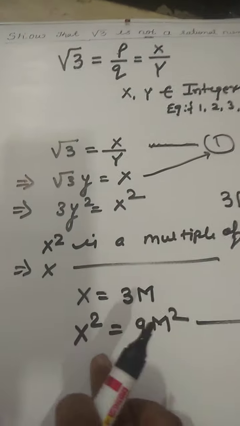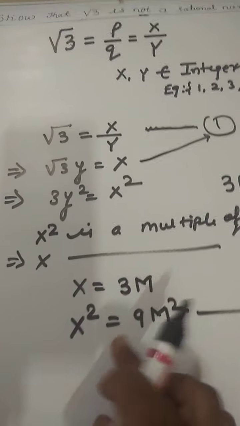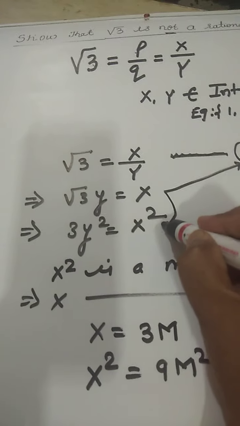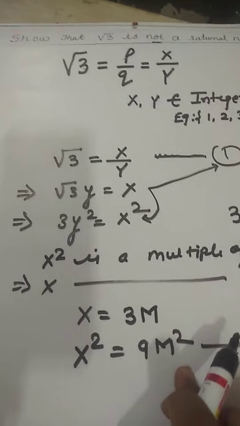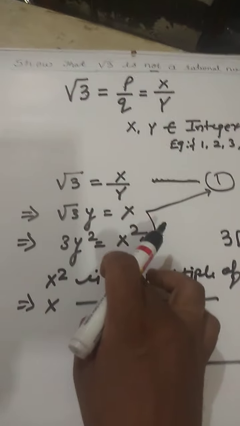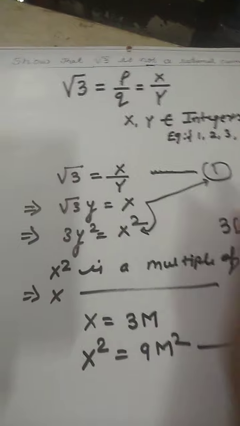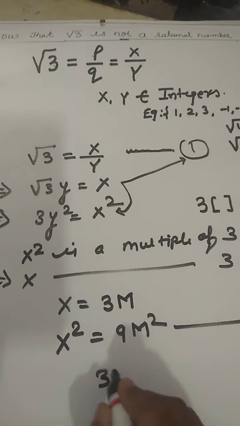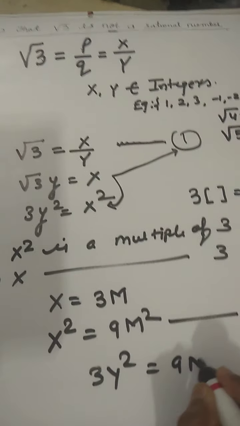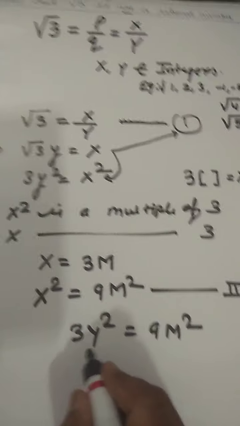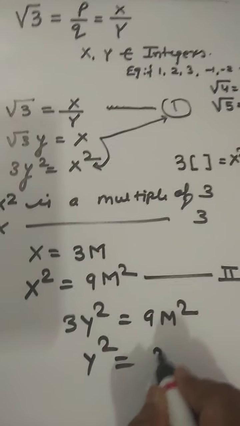X square is equal to 9m square and X square is equal to 3Y square. Combining these two equations we can say 3Y square is equal to 9m square. So Y square is equal to 3m square.